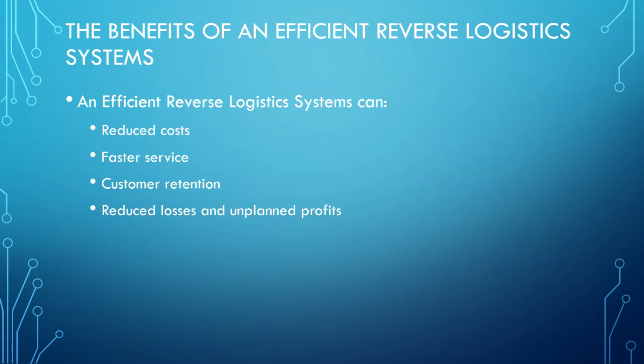An efficient reverse logistics system can reduce costs by planning for returns and making the return order right. You can reduce related costs like administration, shipping, transportation, tech support, questions and answers, etc. Faster service, quickly refunding or replacing goods can help restore customer faith in the brand.